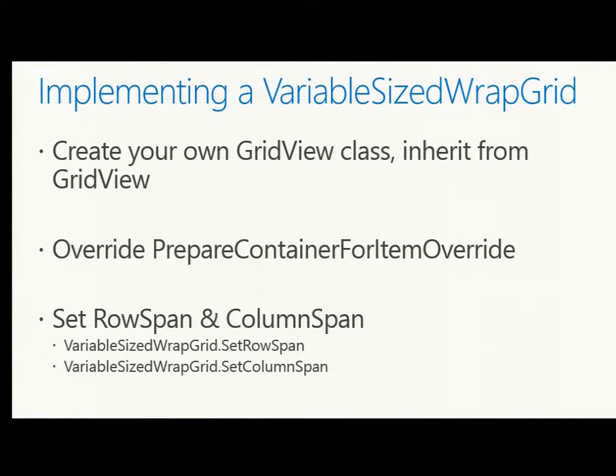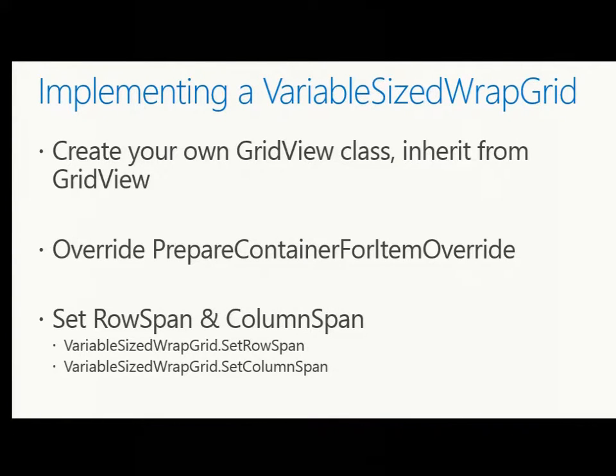So it's two attachable properties, and the same goes for row span and column span that should be set on the items in your variable size wrap grid. Now there are other ways around this. You can use bindings for this if you want, by, for example, creating a row span and column span property on each item. That's another way of doing this.